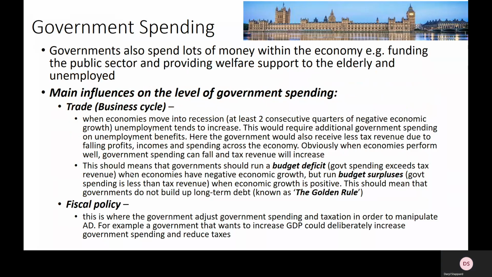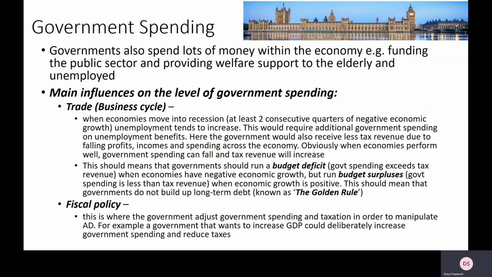Right, so government spending then, let's think about what it is. Government spending generally falls under two different categories. It's funding the public sector, so it's paying for the NHS. It's paying for the emergency services, the police, etc., the fire brigade.